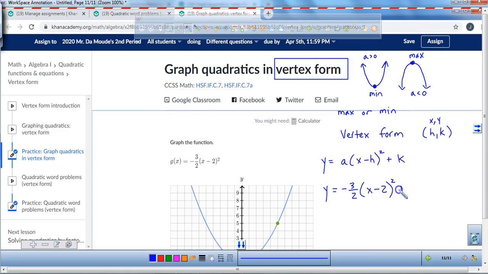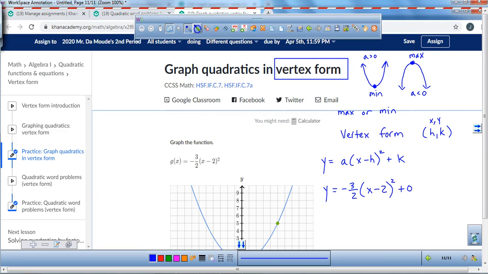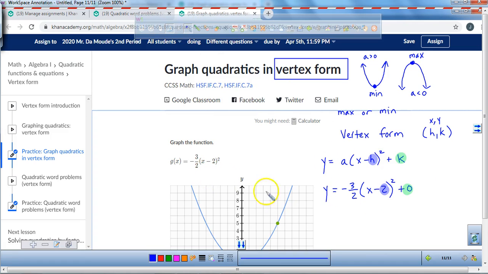And just for fun, I'm going to put plus 0, because I want you guys to see what the h value is and what the k value is. In our problem, we have an h value equal to the number 2, and a k value of 0. That means our vertex is going to be at the ordered pair (2, 0).